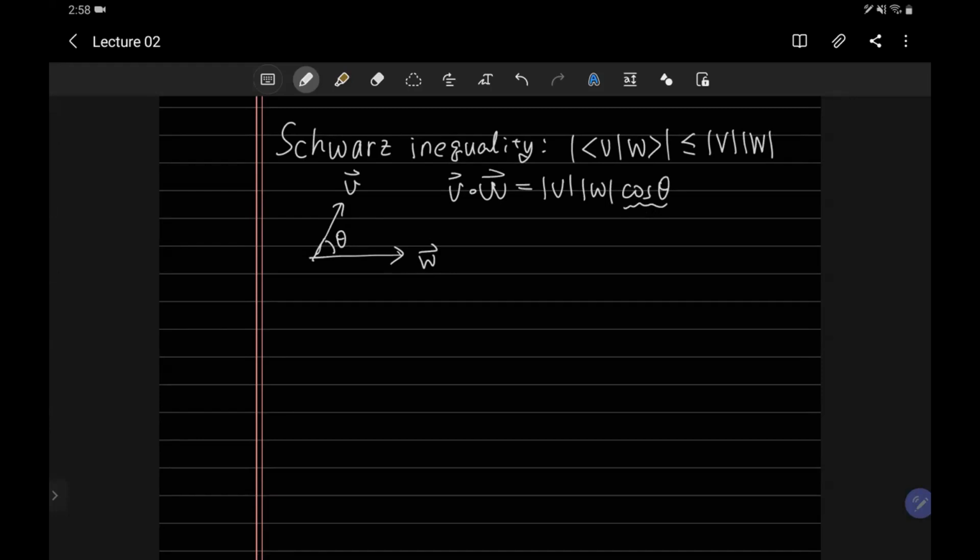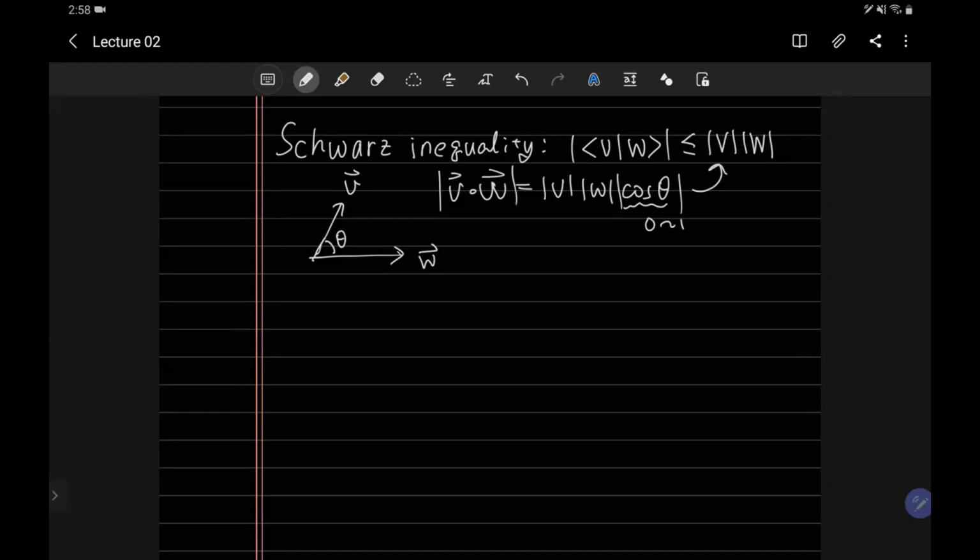The absolute value of cosine theta will be from 0 to 1. So we can easily see the relation of this Schwarz inequality.